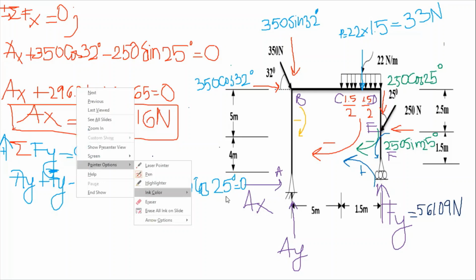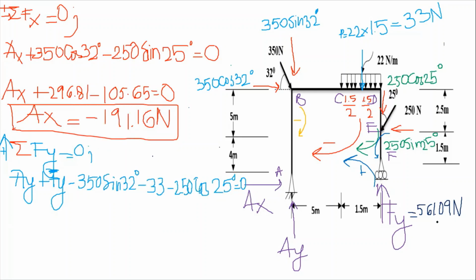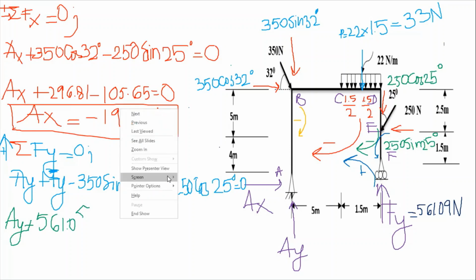So we are going to take another pointer color and we are going to put the value of Fy that we have calculated when we were summing up moment at A. So Ay plus 561.09. Let me erase it.